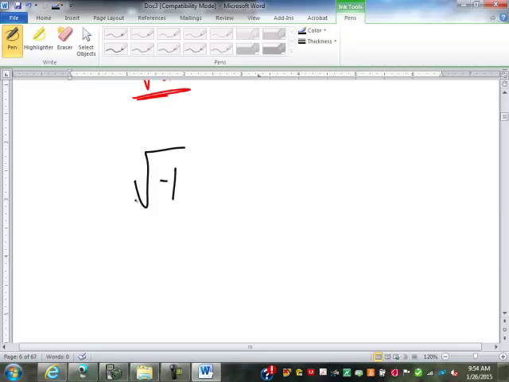Negative 1 times negative 1 is a positive 1. There's no number squared that will give you a negative 1, so you can't take the square root. 0.5 times 0.5 is 0.25. 1 times 1 is 1. The square root of 1 is 1. But the square root of negative 1 can't be done because there's no number that you can square to get a negative.